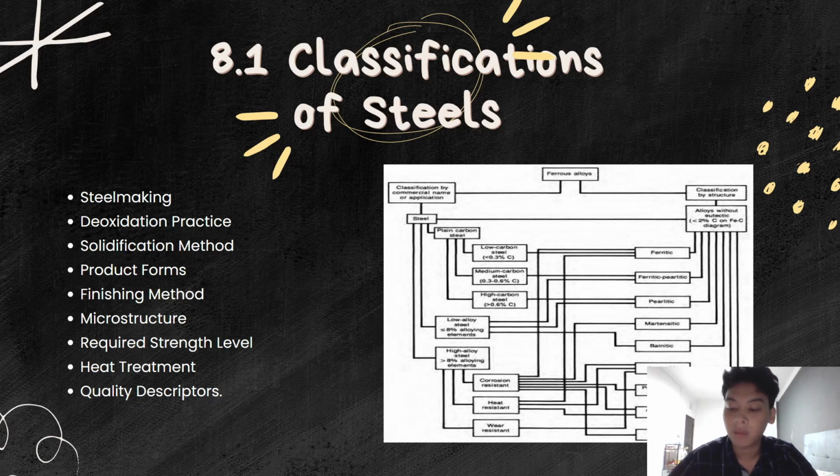Heat treatment. One of the primary advantages of steels is their ability to attain high strength through heat treatment while still retaining a degree of ductility. Quality descriptors. Steels are described by a host of quality descriptors depending on the product and types of application.